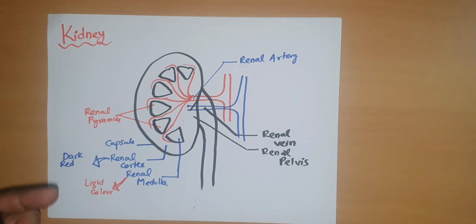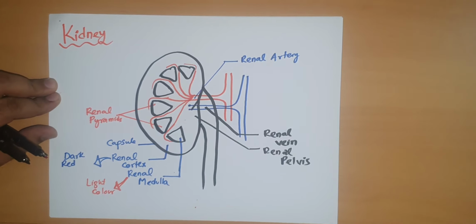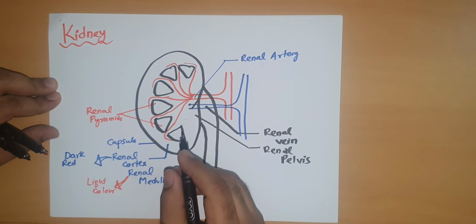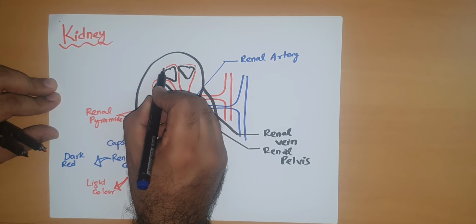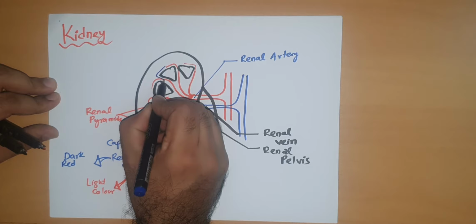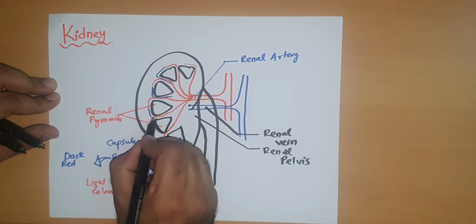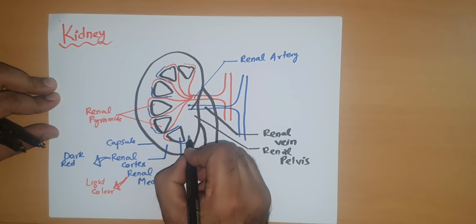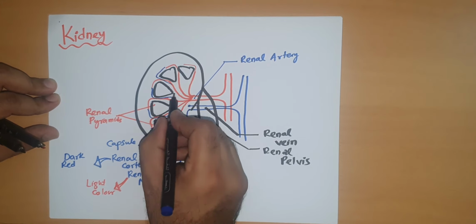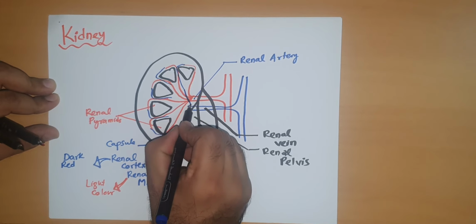Now eventually these afferent arteriole divides to form glomerulus, and then glomerulus changes into efferent arteriole, which changes into peritubular and vasa recta capillaries, and eventually they join to become arcuate venules, and arcuate venules change into lobar venule, and those lobar venules come over here and eventually join and form this renal vein.